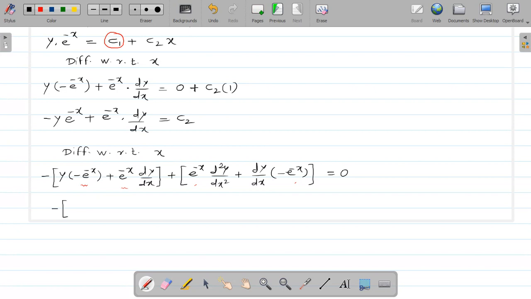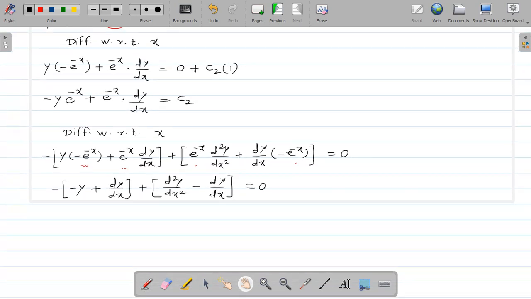So here you will get minus y plus dy by dx. Just remove e raised to minus x. Plus in the second bracket you will get d square y upon dx square, removing e raised to minus x. Here the minus sign remains as it is, so minus dy by dx is equal to 0.